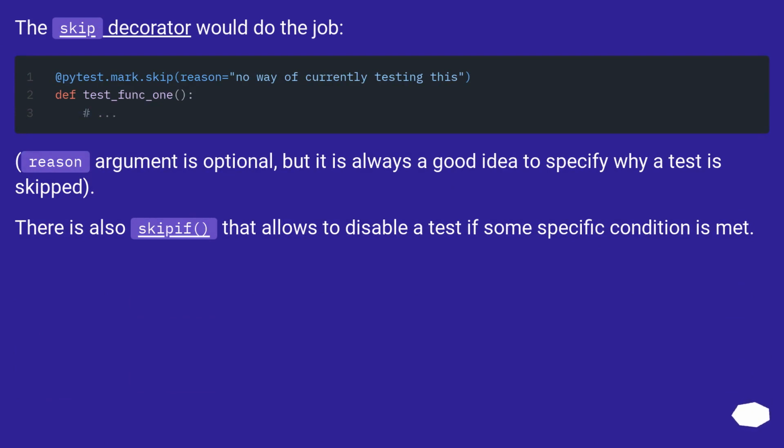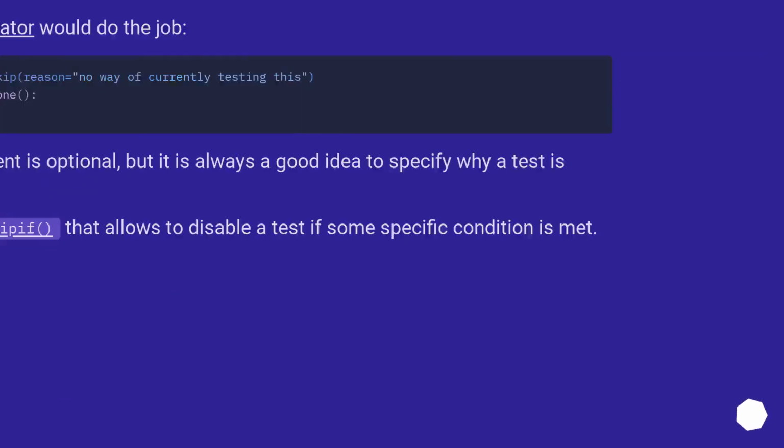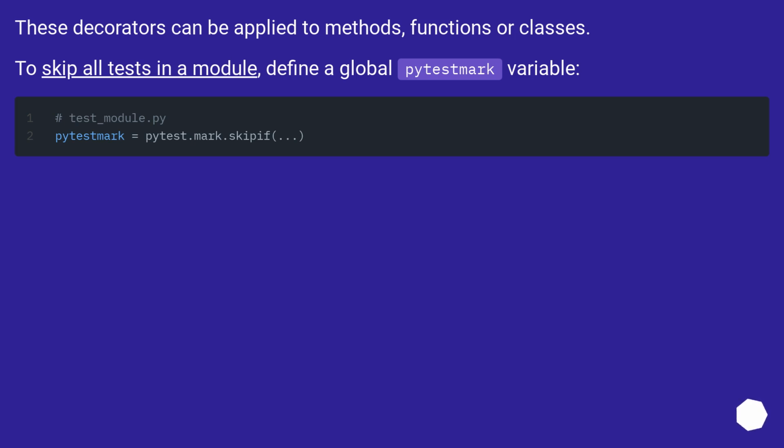The reason argument is optional, but it is always a good idea to specify why a test is skipped. There is also skipif that allows you to disable a test if some specific condition is met. These decorators can be applied to methods, functions or classes. To skip all tests in a module, define a global pytestmark variable.